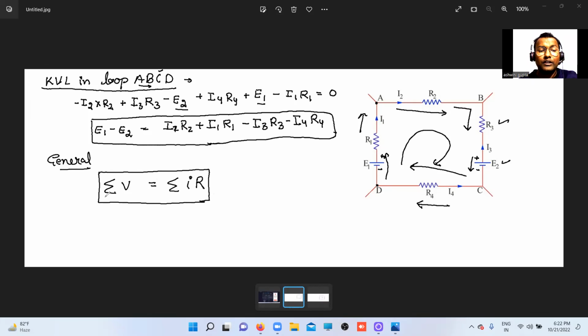Here, suppose J is equal to 1, so the sum over J equal to 1 to N of Vj is equal to the sum of Ij and Rj. This is the way in which we can understand Kirchhoff voltage law.